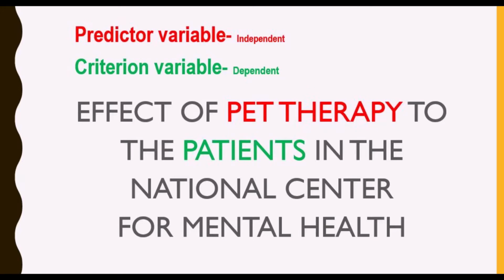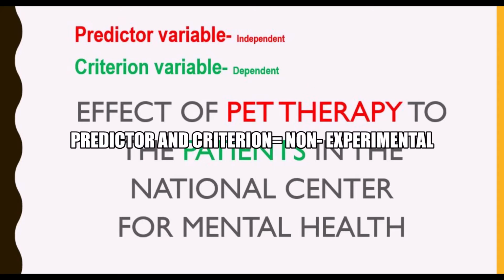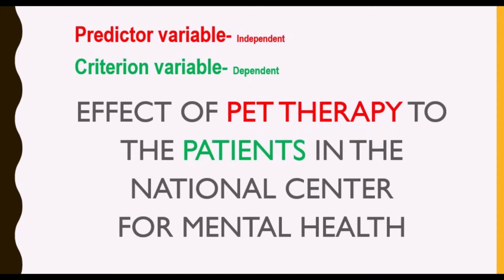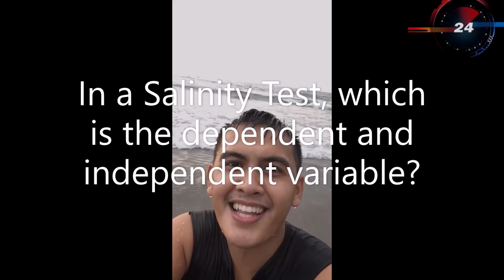You might say that the functions of predictor and criterion variable resemble independent and dependent variable. But remember, this example is non-experimental, since ethically speaking, we must not subject to test our fellows who have mental challenges.